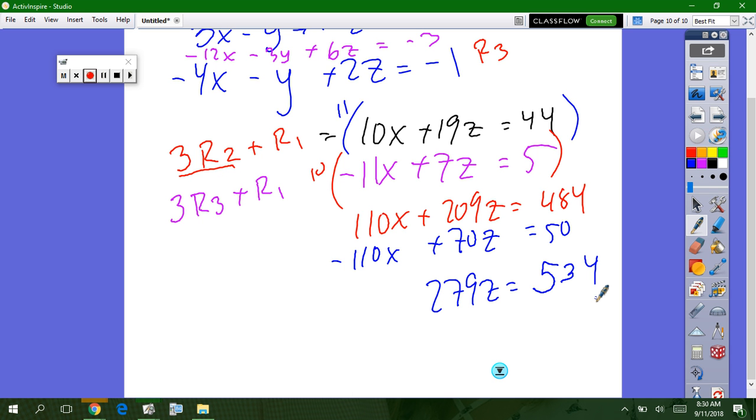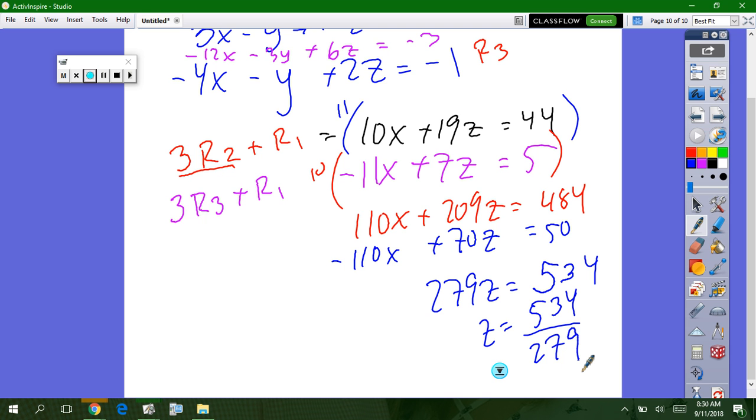Was 19 times 11, 209? All right. That doesn't go into it nicely, does it? Almost, but it's not, huh? That sucks.